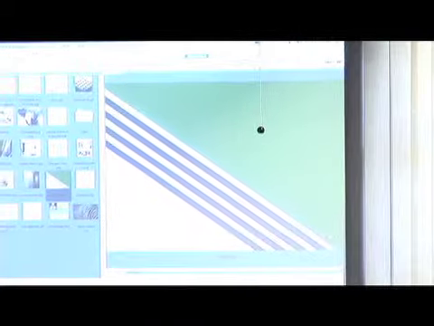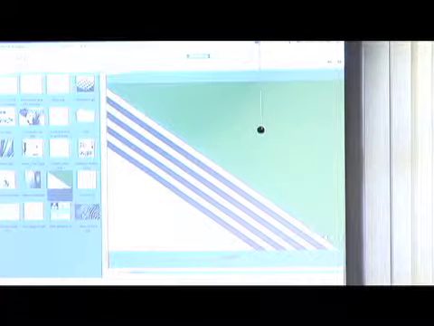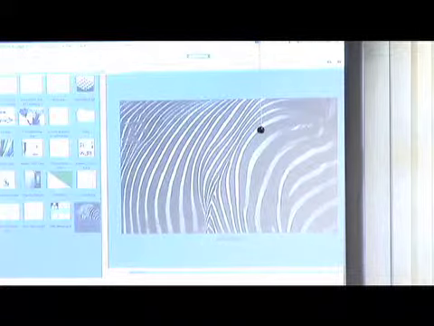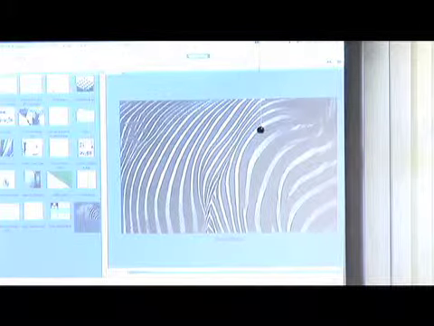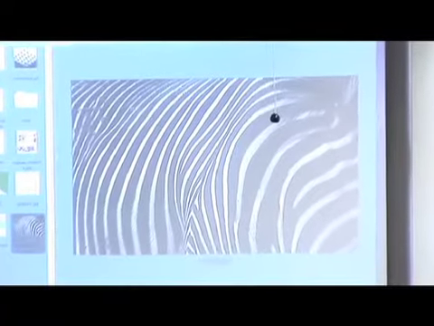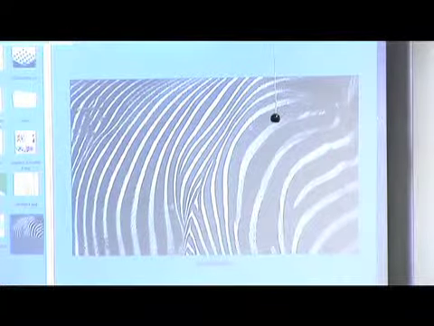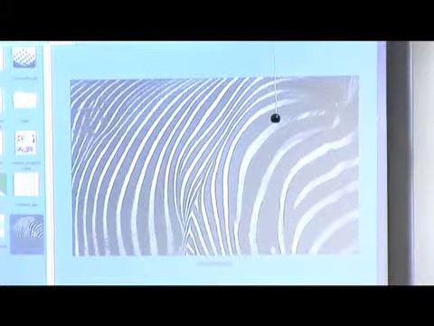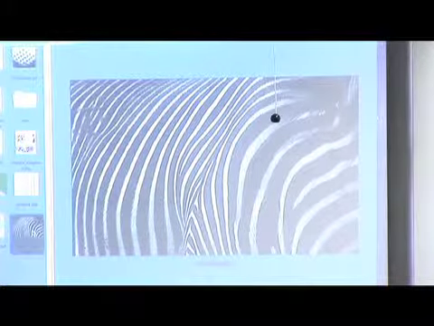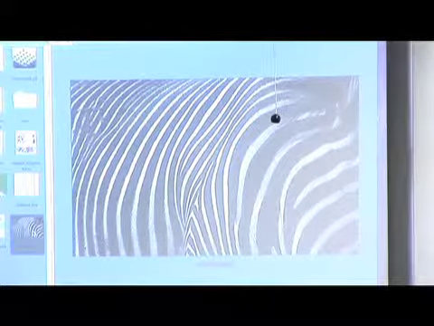Is this organic shapes? No, right? What about here, from nature? You see a lot of organic shapes. This is kind of lines as well, but a line is still a shape. It's just a skinny, long shape. Basically, that's what a line is.